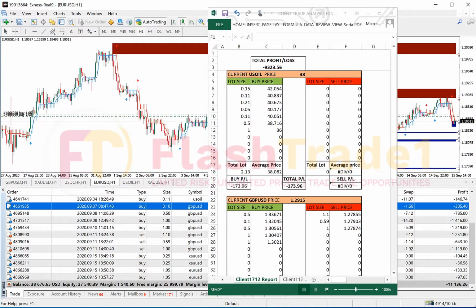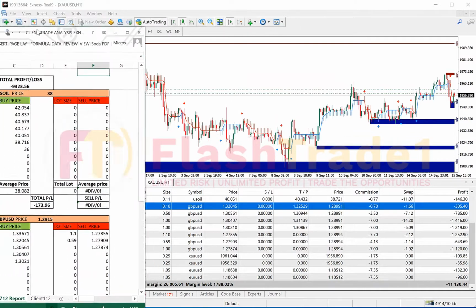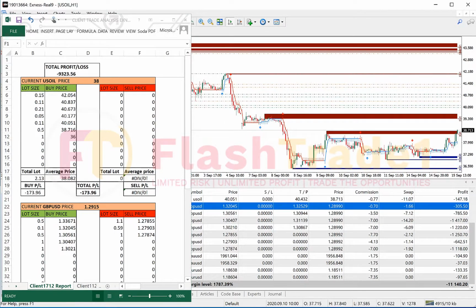So this is the client's real account, and we'll see the current US oil price. US oil is trading at $38. So we take the current price as $38 and look at how many positions he has opened.